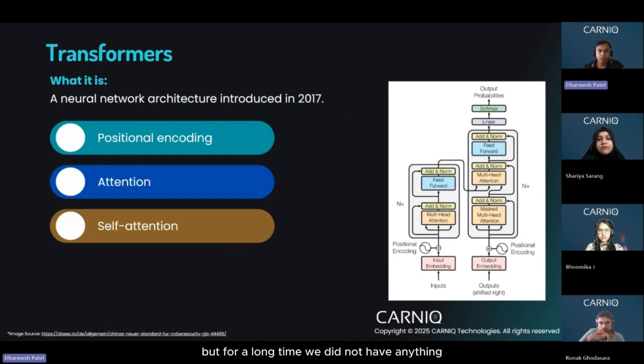But for a long time, we did not have anything comparably good for analyzing language. For vision we have photograph detection, but for language we did not have a comparable model where translation, text summarization or text generation is possible.